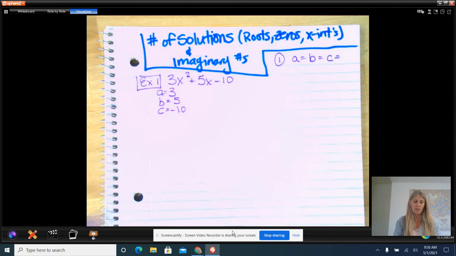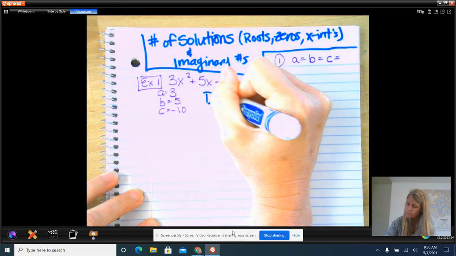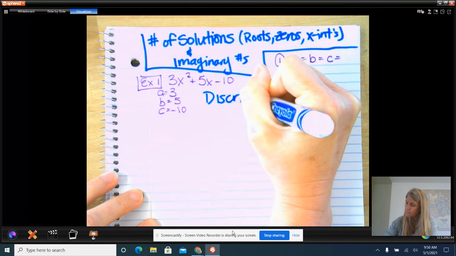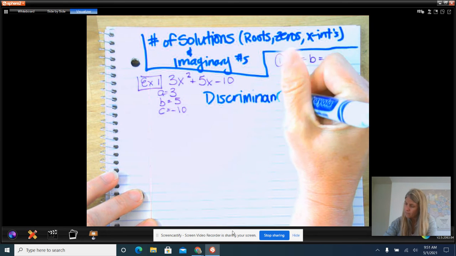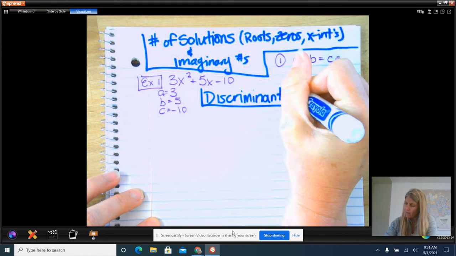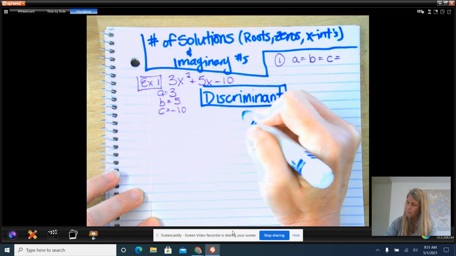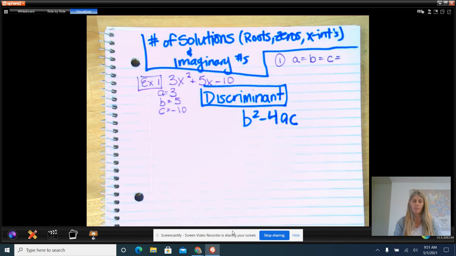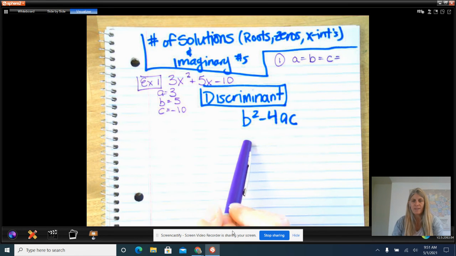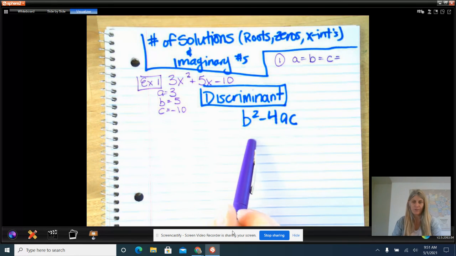Our discriminant itself is a formula, and that formula is simply b squared minus 4ac. That should be familiar to you because it is the part of the quadratic formula that's underneath the square root sign.